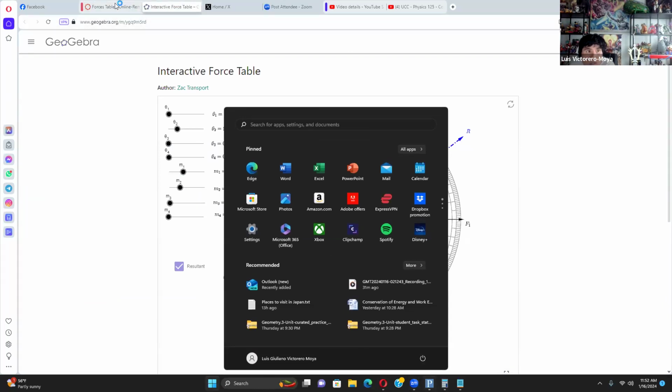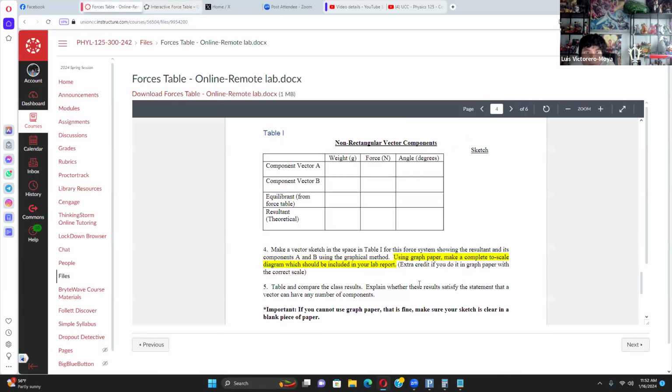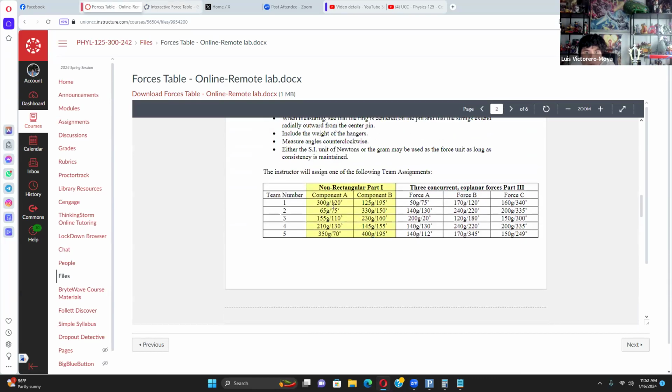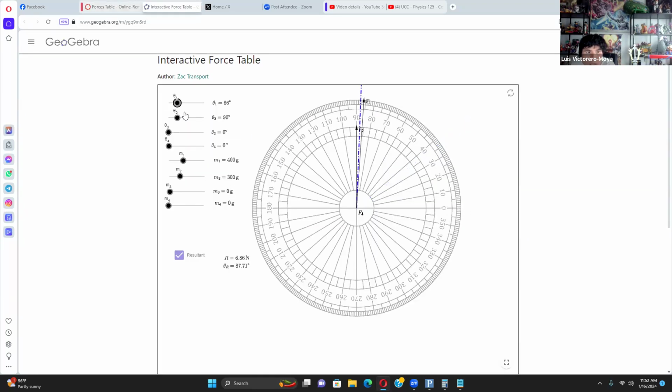I'm doing this because I know some of you won't have the software available. So might as well show you how to do this using this as well. So 300 grams, 120. And then this is 300 grams.